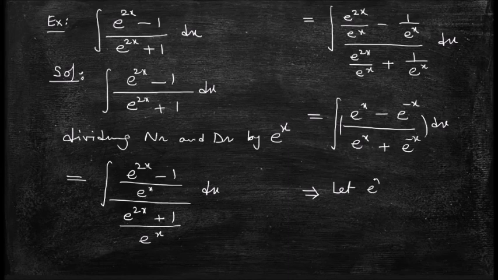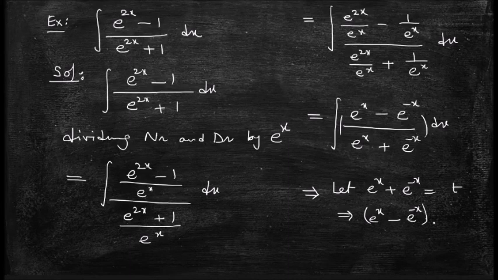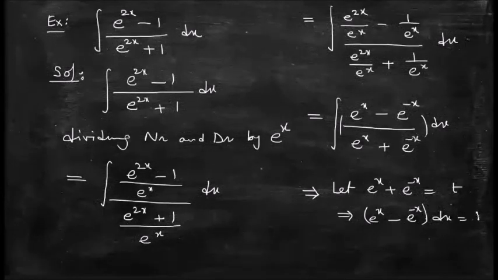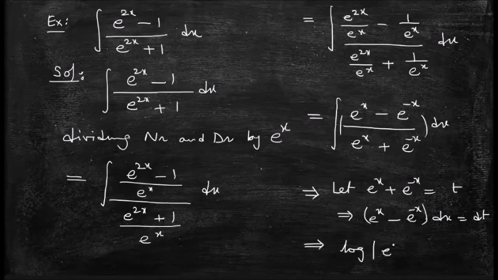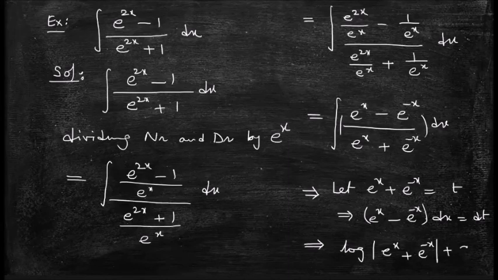Let e power x plus e power minus x is equal to t, implies (e power x minus e power minus x) dx is equal to dt. So that implies log of e power x plus e power minus x plus c. Hope you have understood this problem, right?